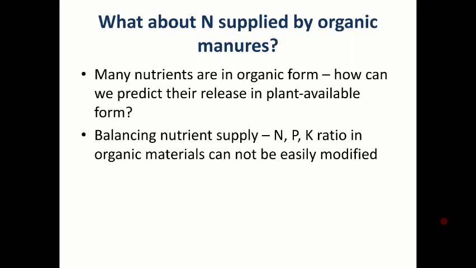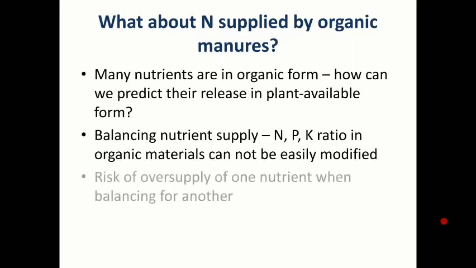So you might find that the ratio of NPK is not at all balanced with what your crop needs. And you have this risk of oversupplying one nutrient if you balance for another. So let's say you decide, I'm going to make sure I meet my 100 kilograms of phosphorus per hectare from this particular manure source, and you do that, but you may inadvertently find that you've applied 3 times as much potassium as you need, for instance.